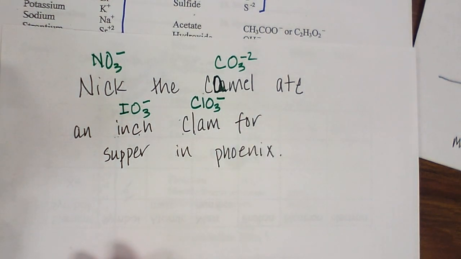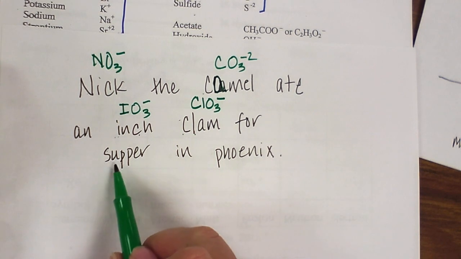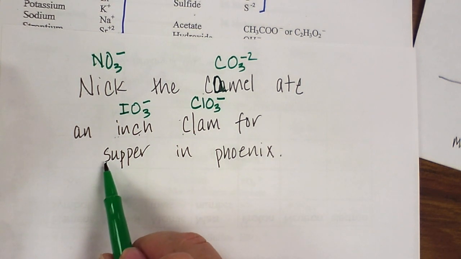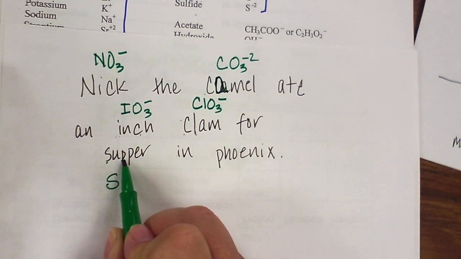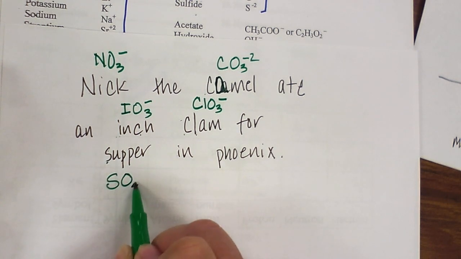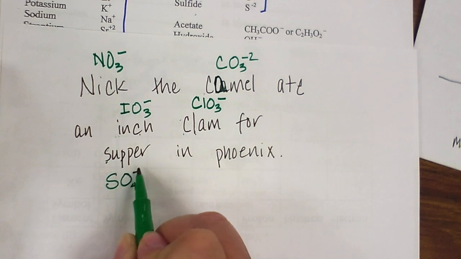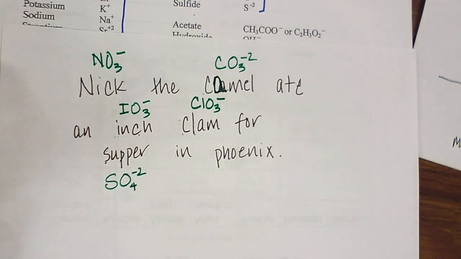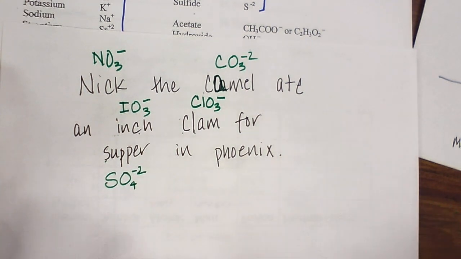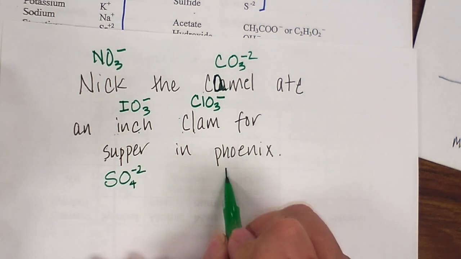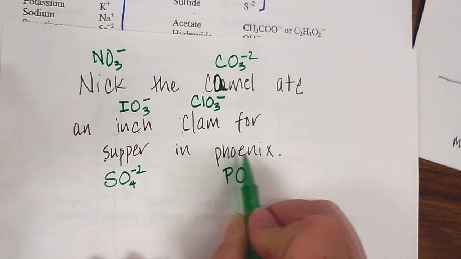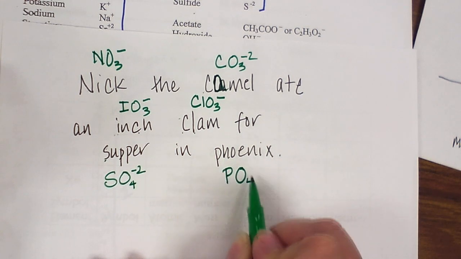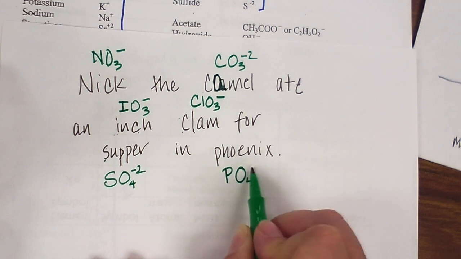Chlorate. So that would make supper sulfate. See, S, right? S, 1, 2, 3, 4, O4. U and E is -2. Phoenix is going to be what? Phosphate. P, O, 1, 2, 3, 4. And 1, 2, 3.